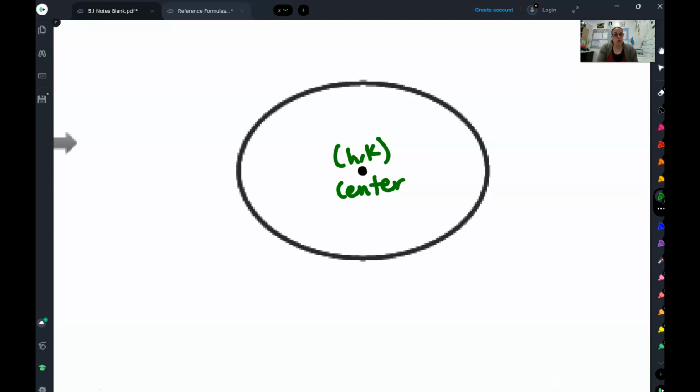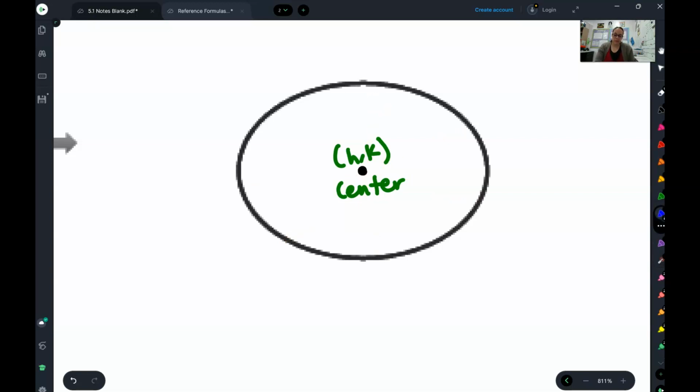Now, a couple new terms that the circle doesn't have. In a circle, we had a radius. But notice, the radius is the same distance from the center point to the edge. An ellipse is not going to have the same distance all the way around. That distance changes.